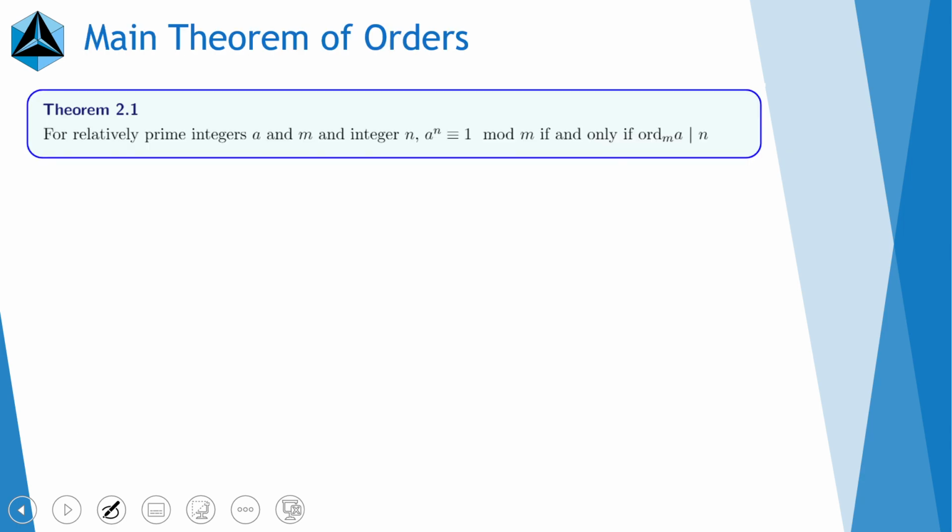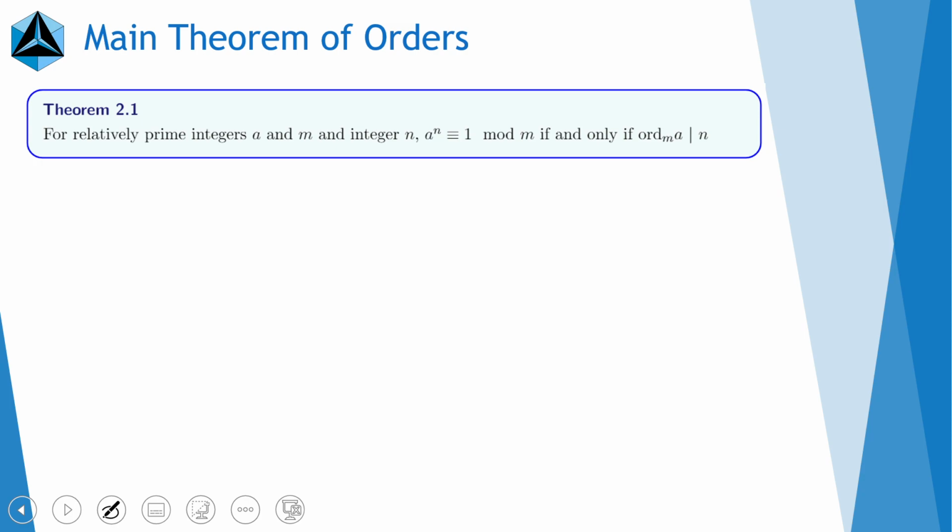Now let's look at our main theorem of orders. This is at the heart of most problems involving orders. For relatively prime integers a and m and integer n, a to the power of n is congruent to 1 mod m if and only if the order of a mod m divides n.